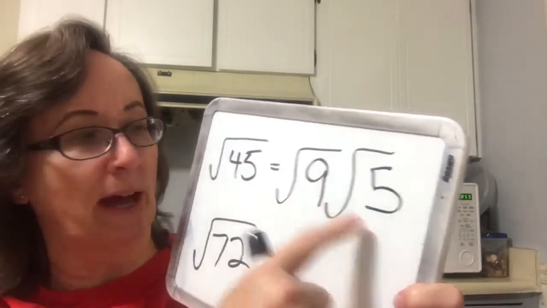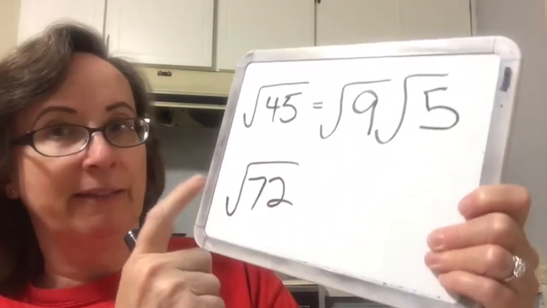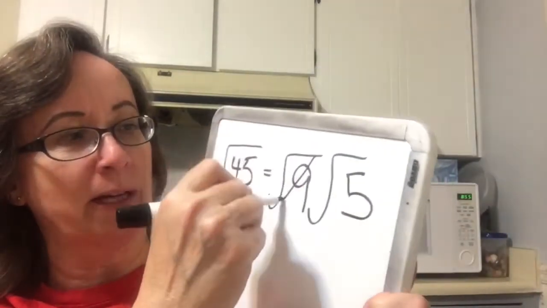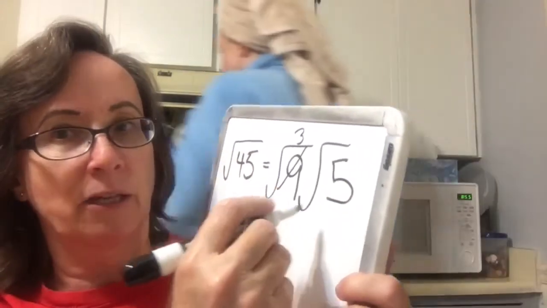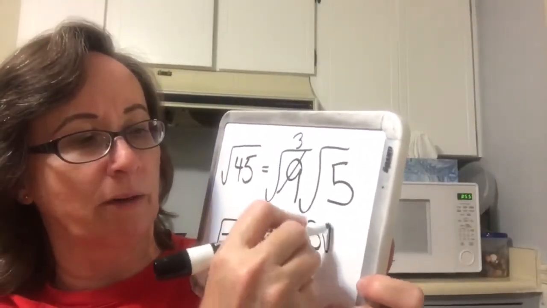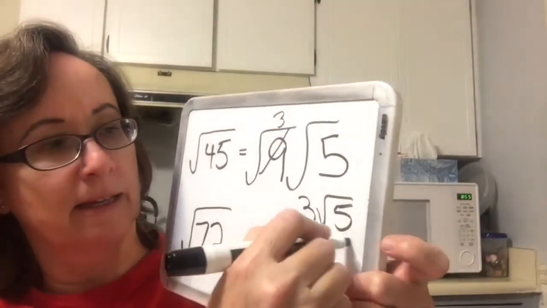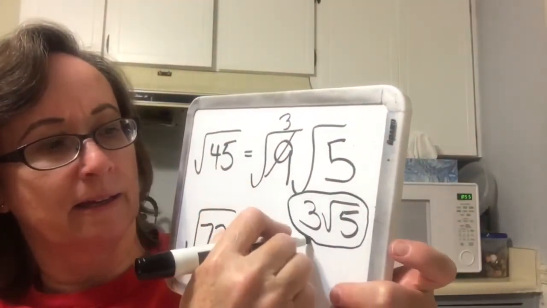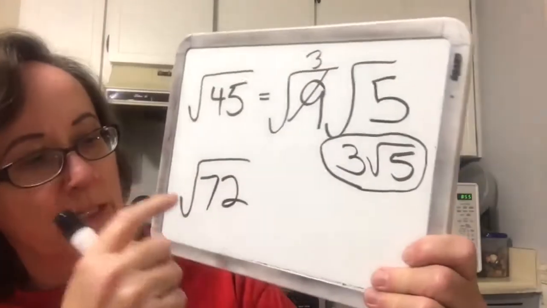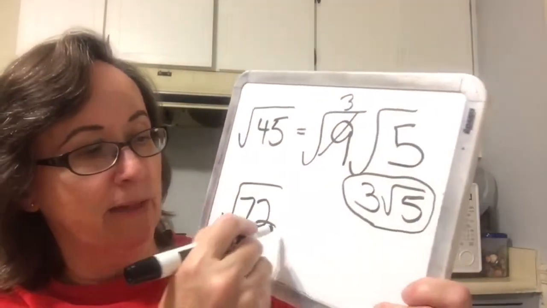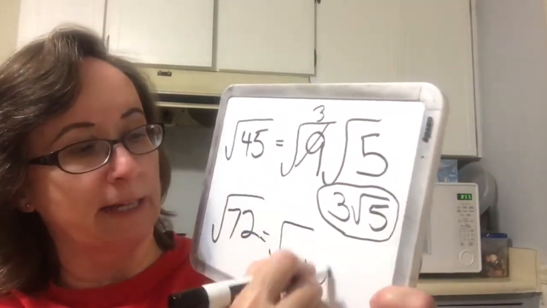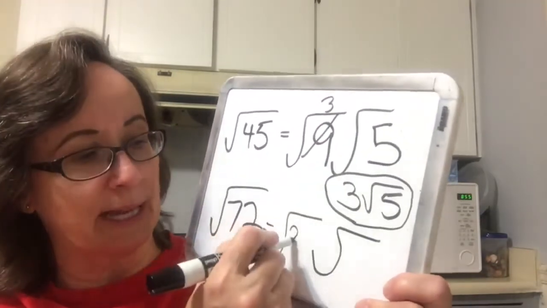So 9 times 5 is 45. And then this one is going to wind up being a 3. So we get a 3 square root of 5, and that is the answer.